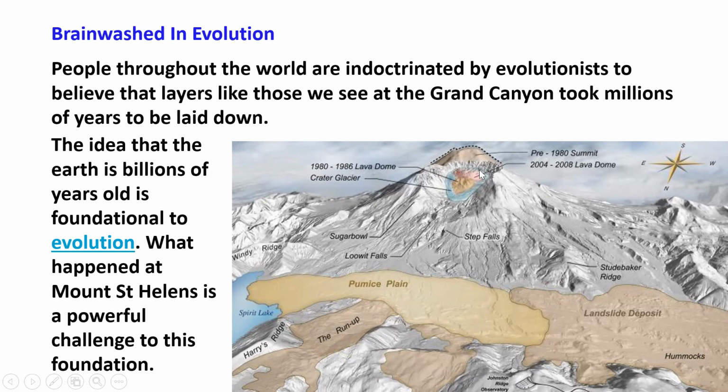So you have a picture of the lava dome and a crater glacier. And then you have the landslide deposit down below, okay? And Loowit Falls, where later on you'll see that the canyon actually forms there.